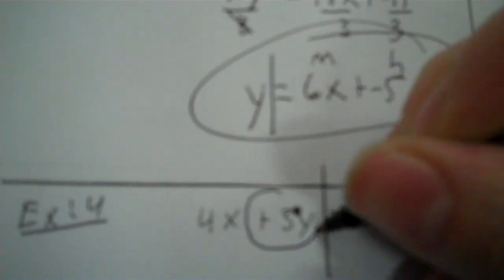Example 4, we have 4x plus 3y equals 2x minus 12. So separate the side with the y. It's got a multiplier of 3. It's positive 3, so you can check that. You don't have to do the opposite rule. Minus 4x, and I think I have a number over there that has an x, so I would subtract 4x.